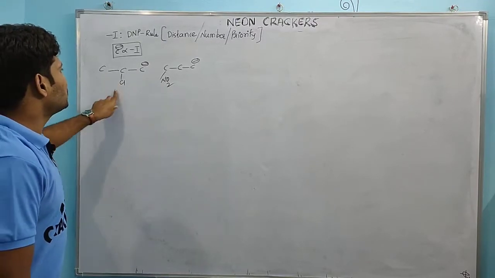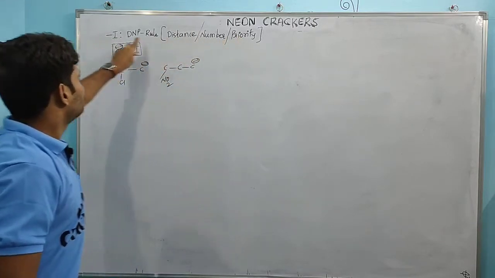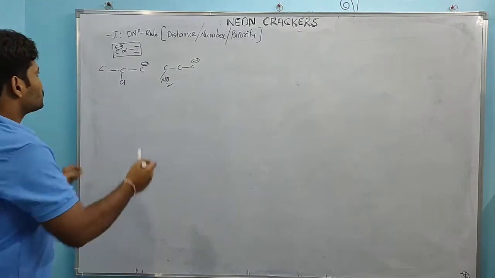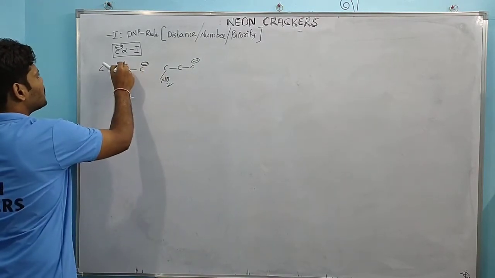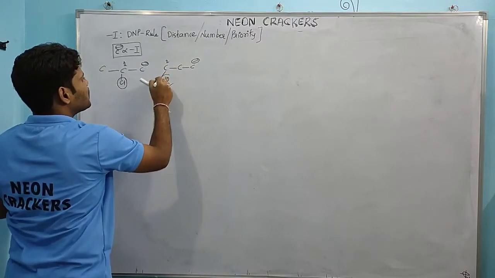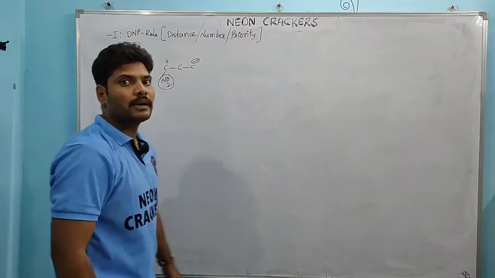But we should not consider priority first. We should consider the DNP rule. First factor is what here? Distance. Here the first carbon is connected with a minus I element, and here the second carbon is connected with a minus I element. So which is having stronger minus I?